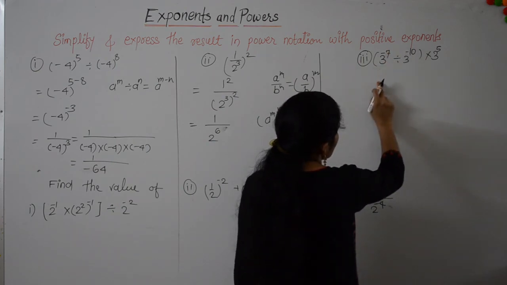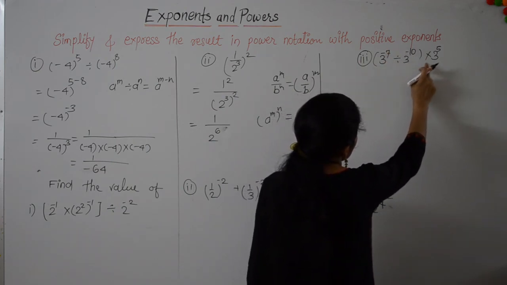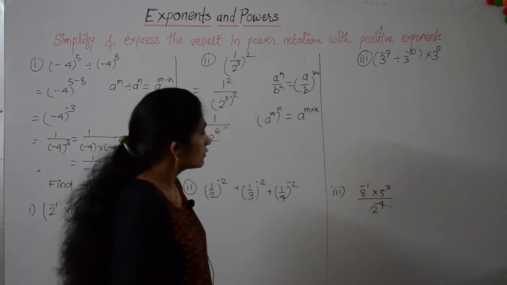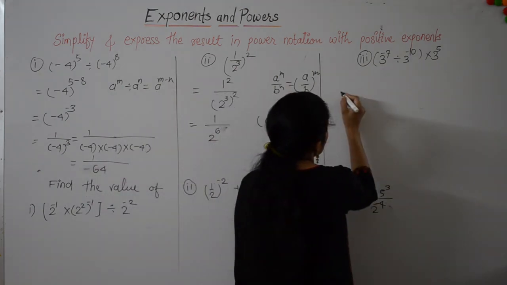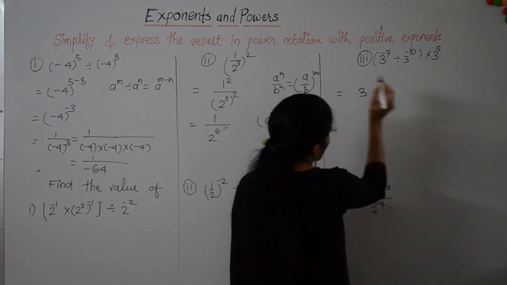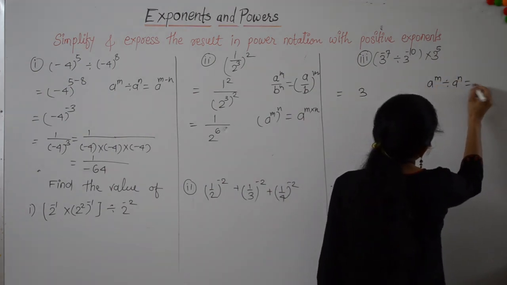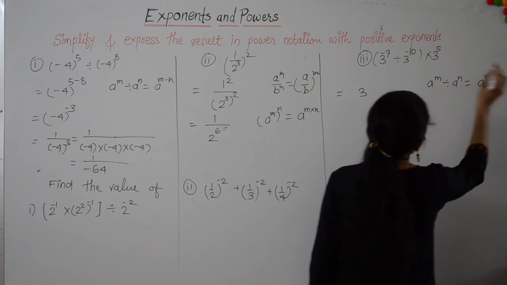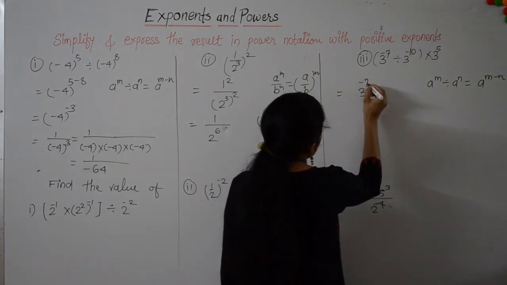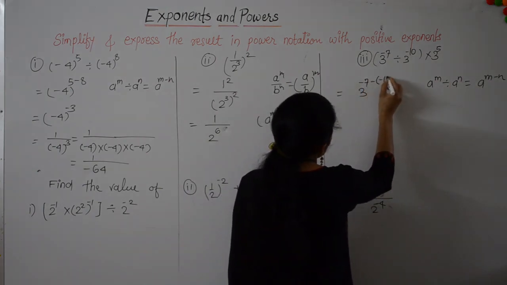3 raised to minus 7 divided by 3 raised to minus 10 into 3 raised to power 5. So again there is a division. So we have to use the quotient law, that is a raised to power m divided by a raised to power n is equals to a raised to power m minus n. Therefore 3 raised to power minus 7 minus 10.